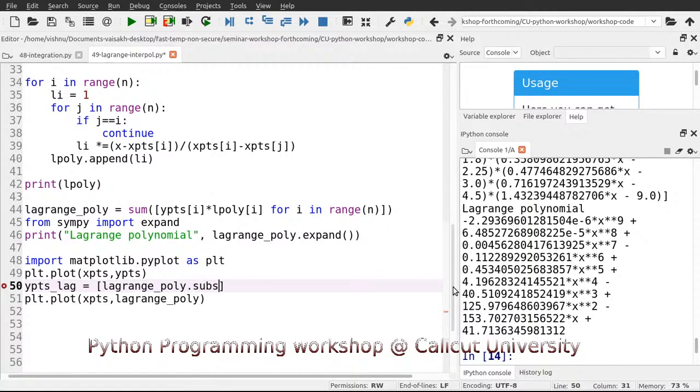Substitute, XPTS i for i, or otherwise directly also we can, x value for x value in XPTS, no need to count the number. Substitute, no, substitute is in bracket.